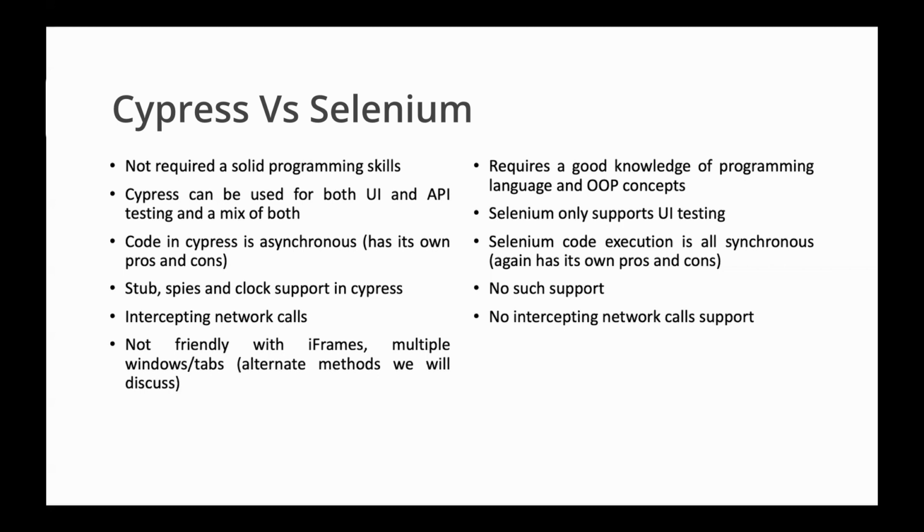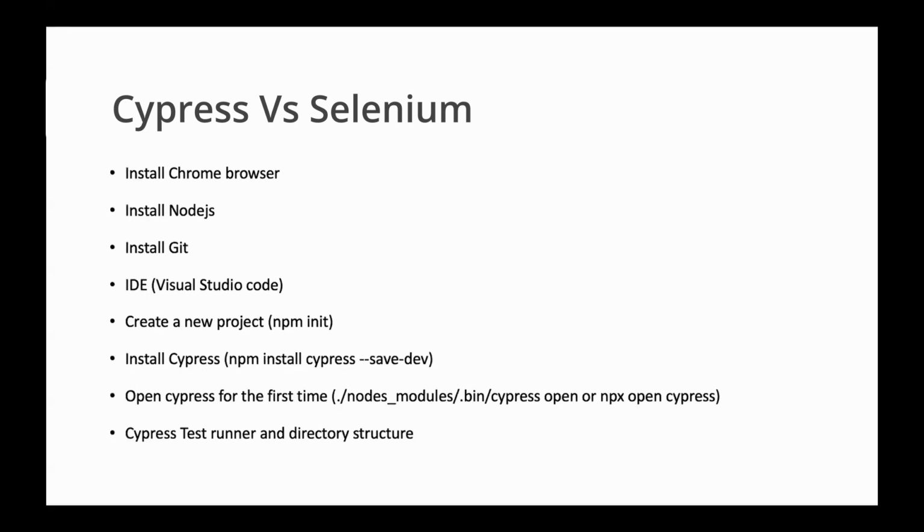You cannot just simply automate them. You have to tweak or find an alternate way to test these scenarios. Whereas Selenium has very good support for switching to frames, multiple tabs, or windows. So this is one of the limitations of Cypress, you can say.